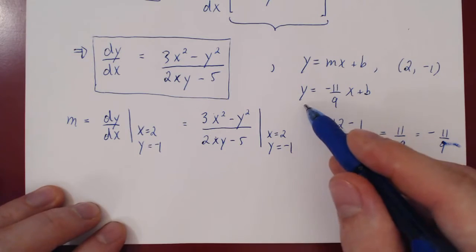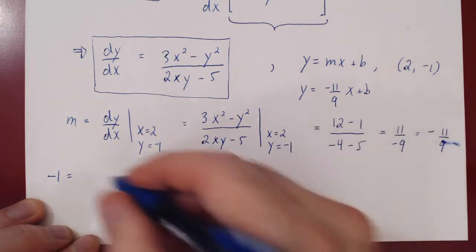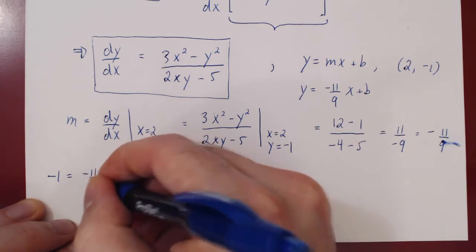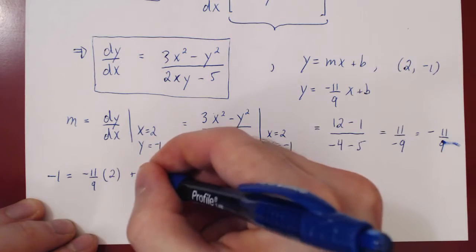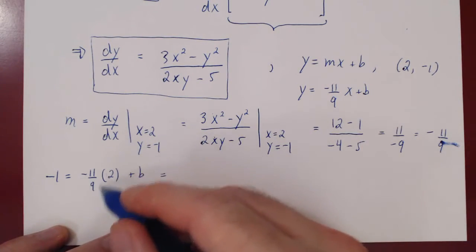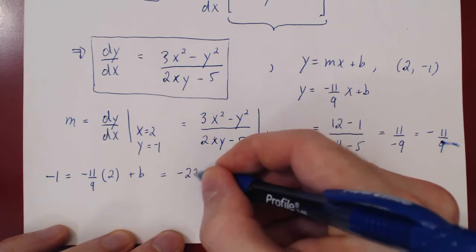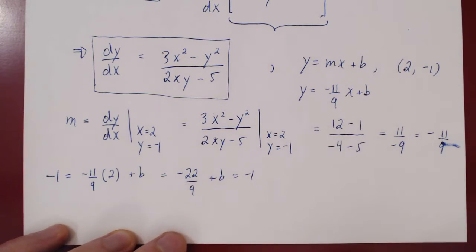Y is negative 1. So negative 1 is equal to negative 11 over 9 times x, which is 2, plus b. But that's negative 22 over 9 plus b, and that's equal to negative 1.